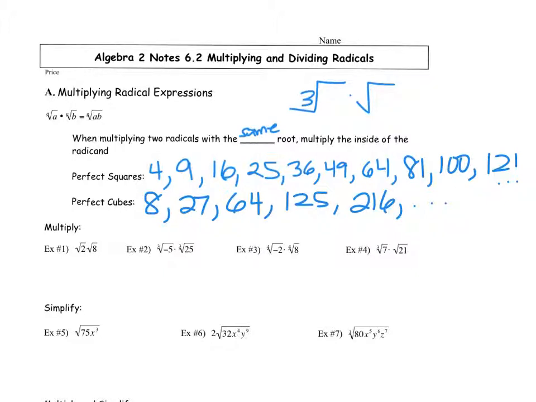You get the idea, and those are your perfect cubes. Most of the time we stick in these 3. Sometimes we do 1,000, because 1,000 is just 10 cubed.